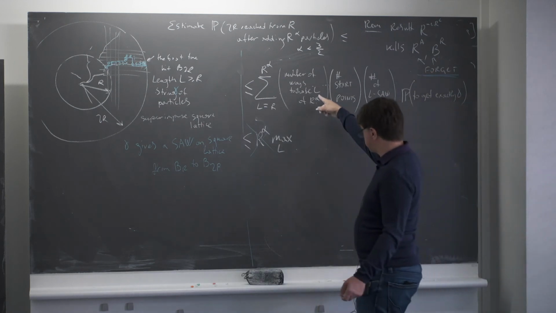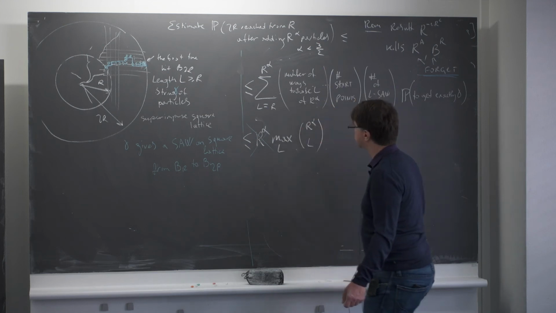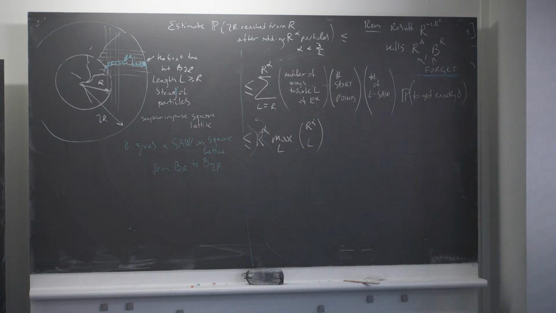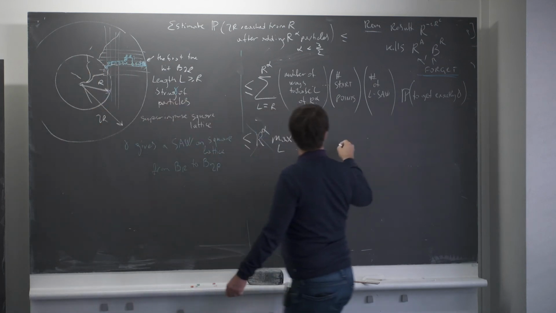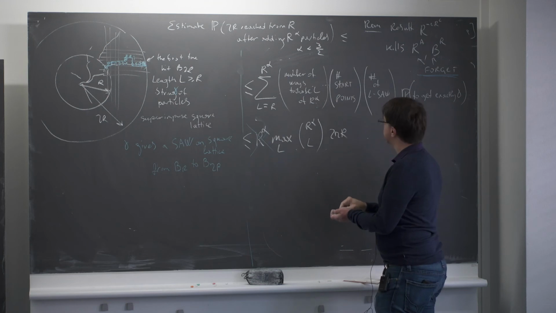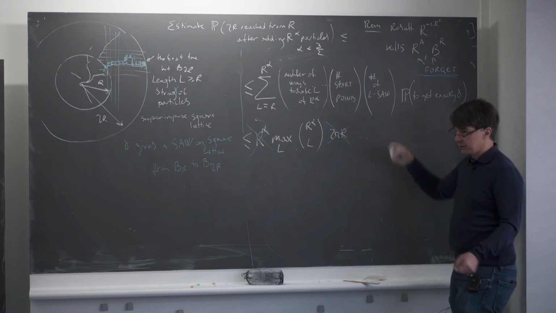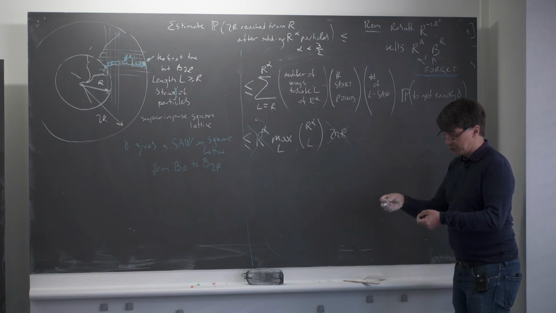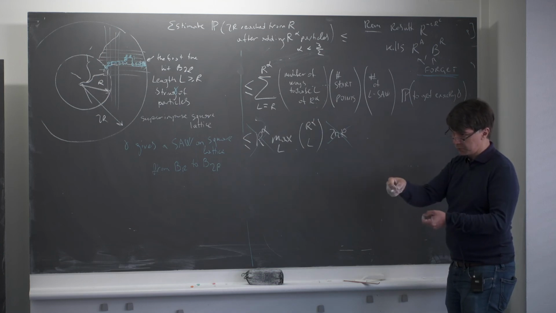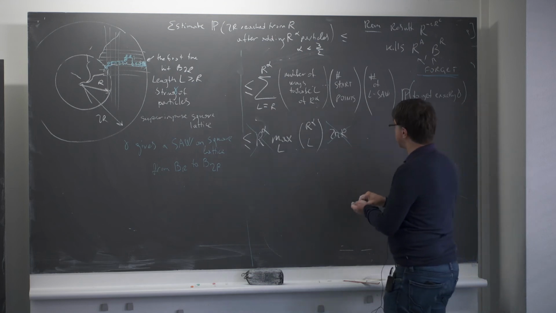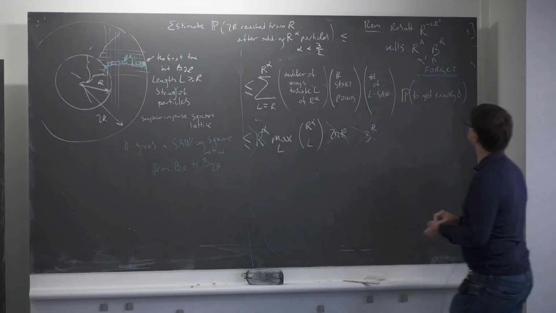Now, the number of ways to choose L out of r to the power alpha is r to the power alpha choose L. We'll calculate it in a second. The number of start points is basically 2 pi r, immediately killed. For the number of self-avoiding walks, if you have a self-avoiding curve on a lattice, you have at most 3 directions to go at each step. So it is at most 3 to the power r. Again, it's killed immediately, not important.